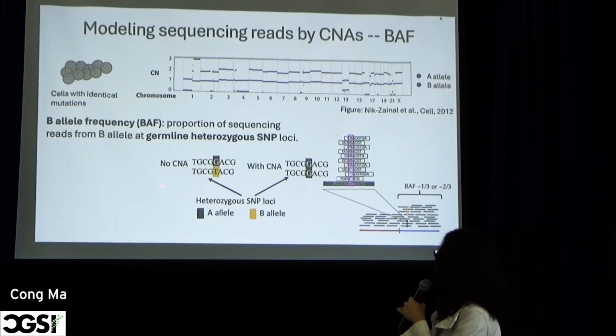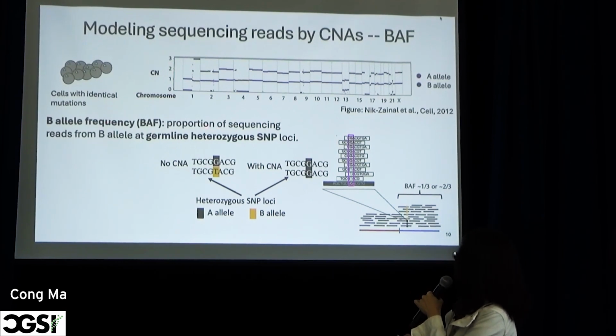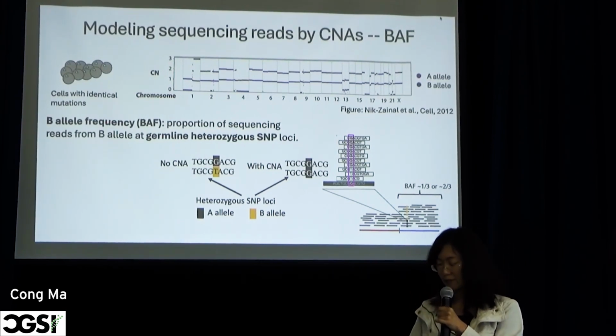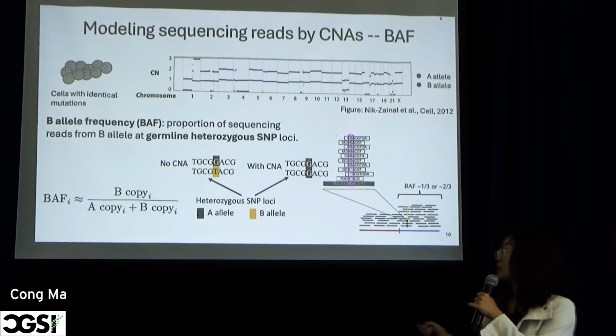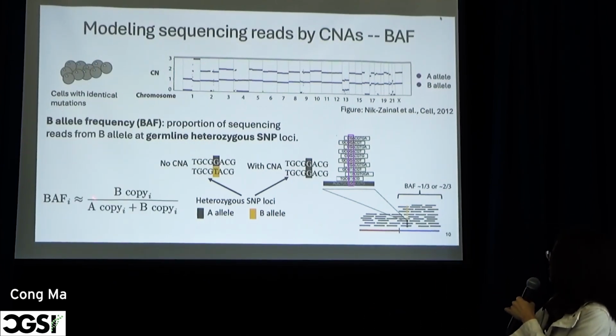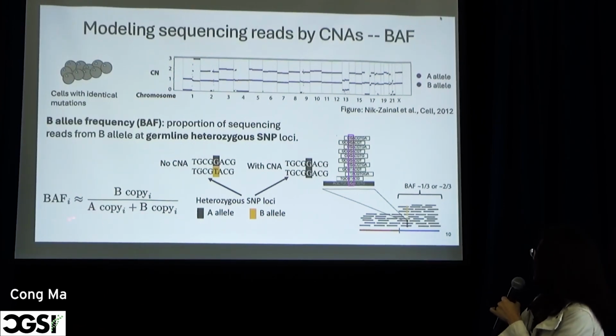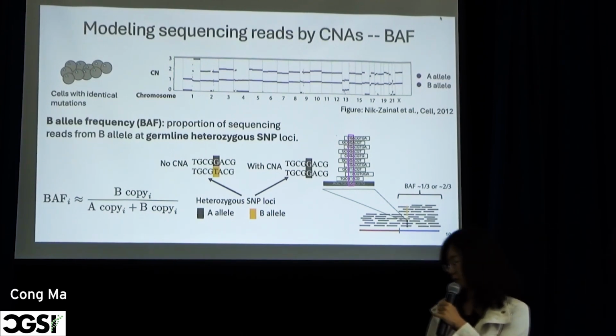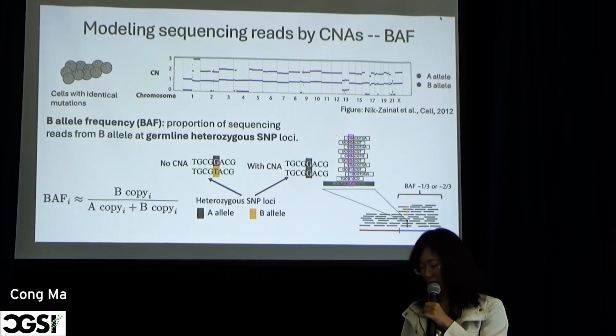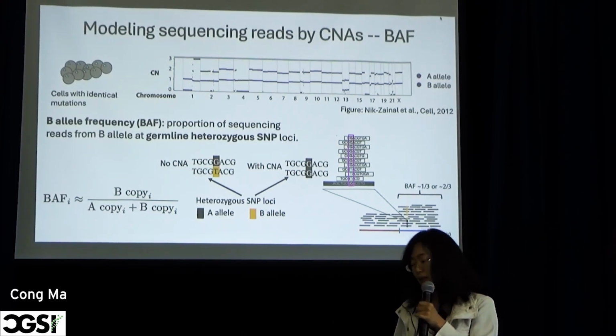And we can also relate the B allele frequency defined using the sequencing reads with an expected value from the copy numbers, which is approximately equal to the B copy number over the sum of copy numbers at each SNP locus I. If the number of reads is large enough, the approximation would be good.